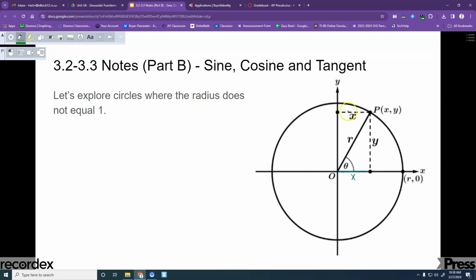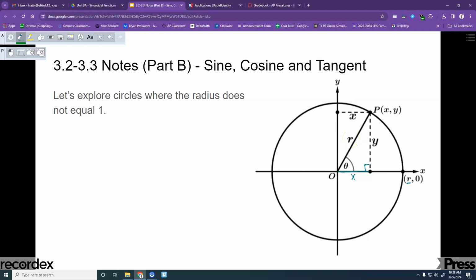Because if this is x, then that is also x right there. So that gives you this right triangle right here. But this time, our radius is not necessarily 1. They've called it just r, right? So this side right here is r. Yesterday, every time we did this, that was a 1. Now it's going to be an r.